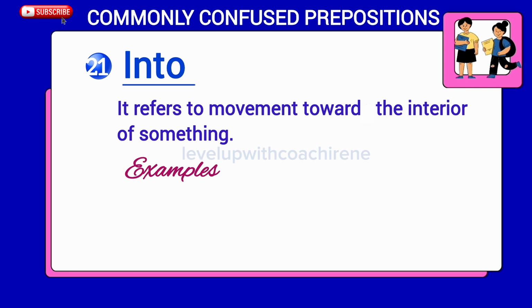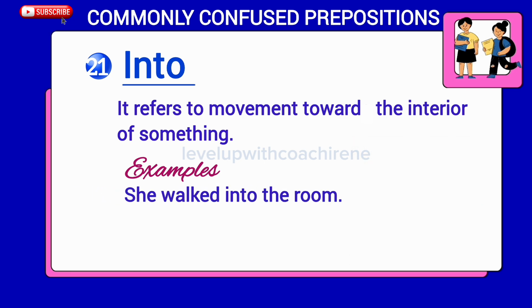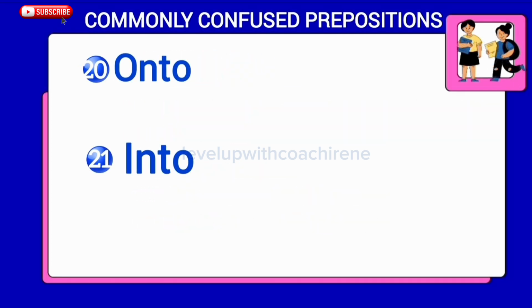For a physical example, we have, she walked into the room. Another figurative example is, he delved into the topic. The key difference between them is that onto describes movement to a surface, whilst into describes movement inside or within an enclosed space.